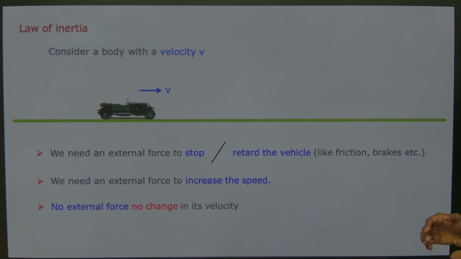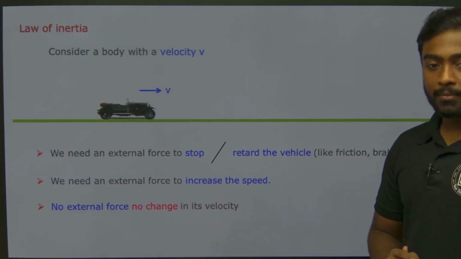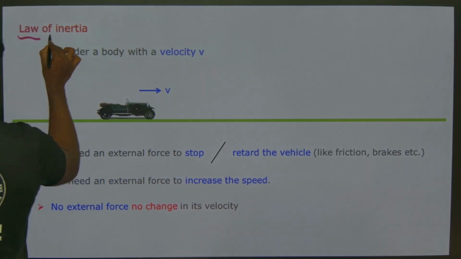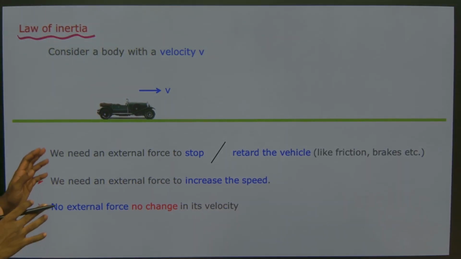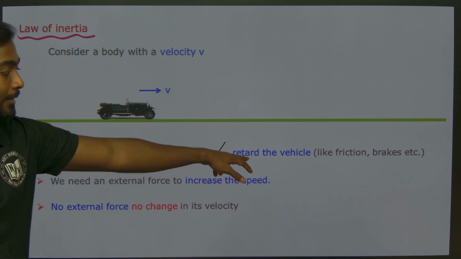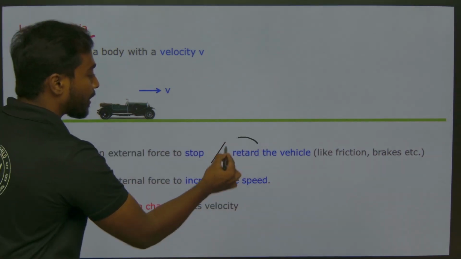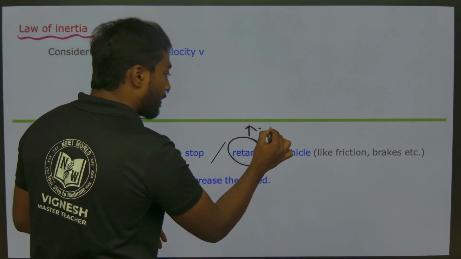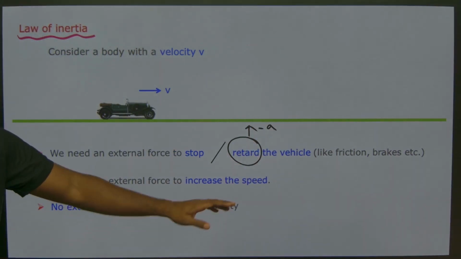Yeah. So law of inertia. The next topic is law of inertia. So let me consider a body with a velocity v. We need an external force to stop or retard the vehicle. So what is the meaning of retard? I have told, negative acceleration to be applied.